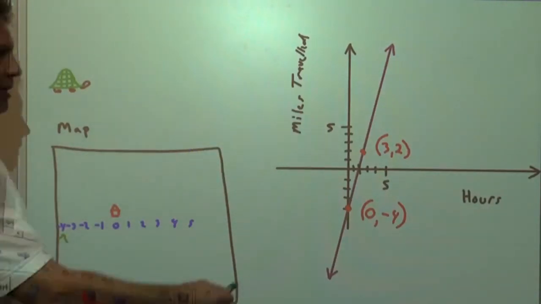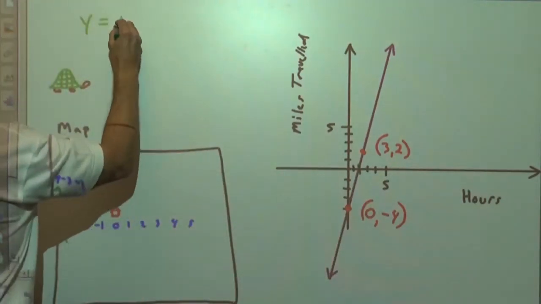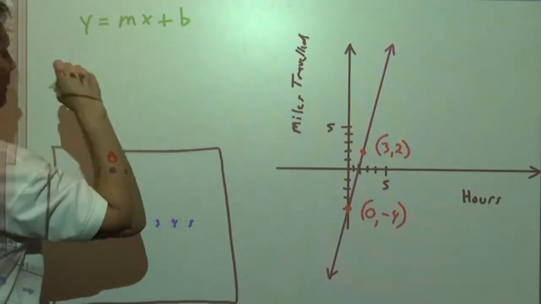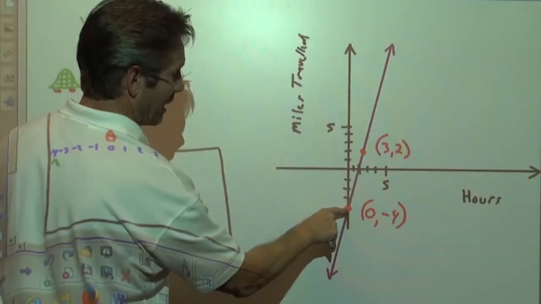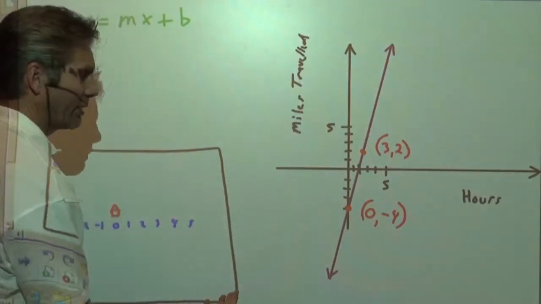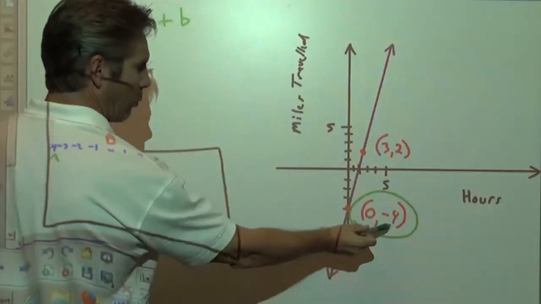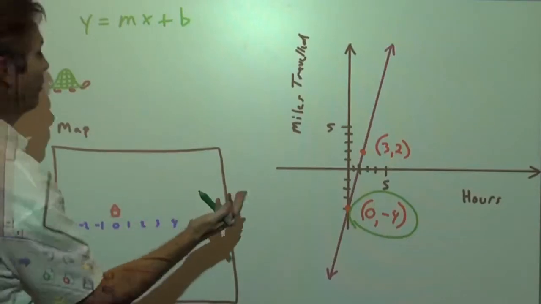Then what we can do is we can say, well, we want a line for this, and most of us have seen y equals mx plus b, where m is the slope and b is the y-intercept. This line crosses the y-axis at -4. That's why its y-intercept is -4. It's also important to note that the y-intercept is the y-coordinate associated with 0 for x.